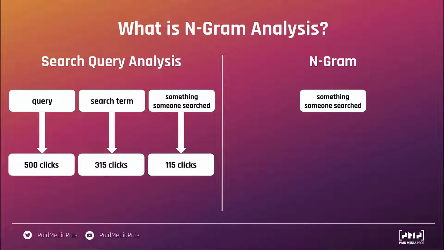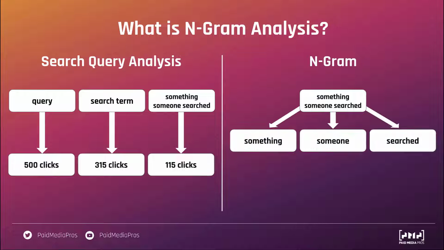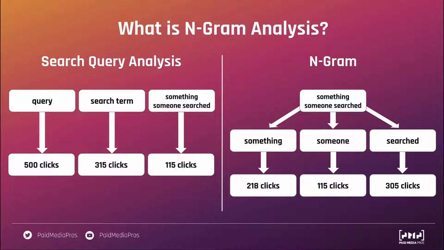Rather than seeing the one line item for 115 clicks for the phrase something someone searched, an n-gram analysis will break this search query into 3 terms: something, someone, searched. And then it will give you the stats for each individual word across all of the search terms that included that word. Now this is just a single n-gram, but there are opportunities to have 2-word, 3-word, 4-word, and even longer n-gram analysis. We'll talk about that in a little bit.